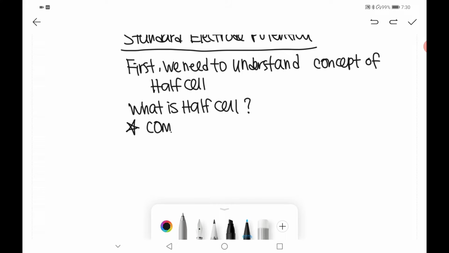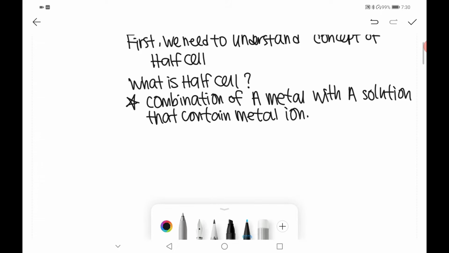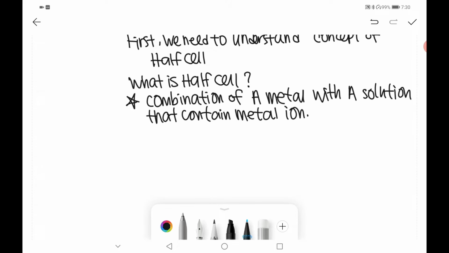In SPM chemistry, we take a metal and combine it with a solution, and this solution must contain metal ion as well. When you put a metal into a solution that contains the metal ion, that is a half cell.